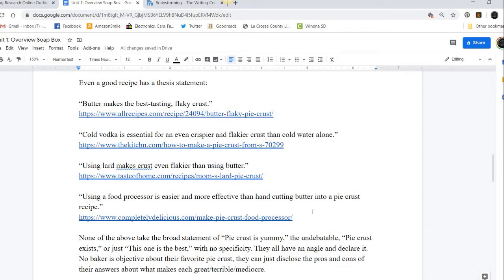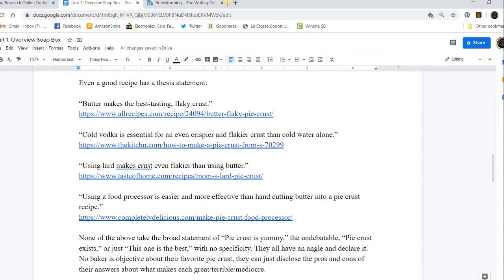Let's look at this in pie crust recipes. So pie crust is highly debated between bakers. My brother is a baker and he is obsessed with how to make the best crust. There are a bunch of different ways to do it. Hopefully you have somebody in your family or community who obsesses about who makes the best pie crust.